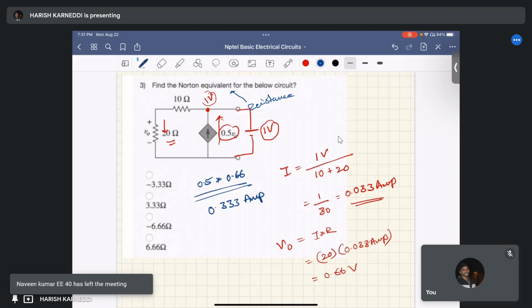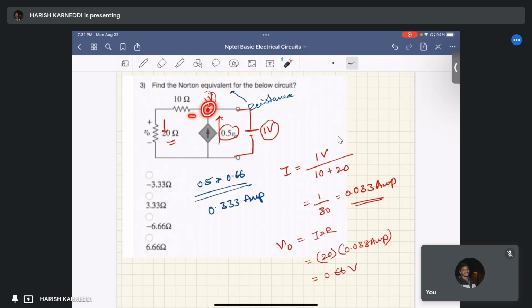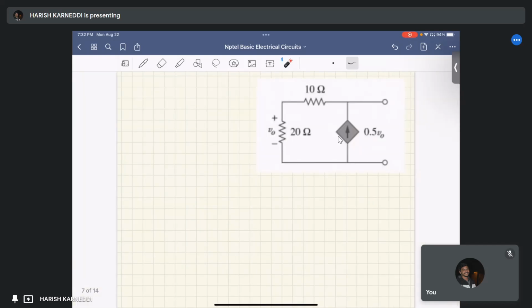Okay, now at this node we can apply KCL. This current is flowing in this direction and this current is flowing in this direction. Let us consider that the 1 volt source is delivering in this direction. I'm redrawing the same thing. This is I1, and I in is the input current from the 1 volt source.